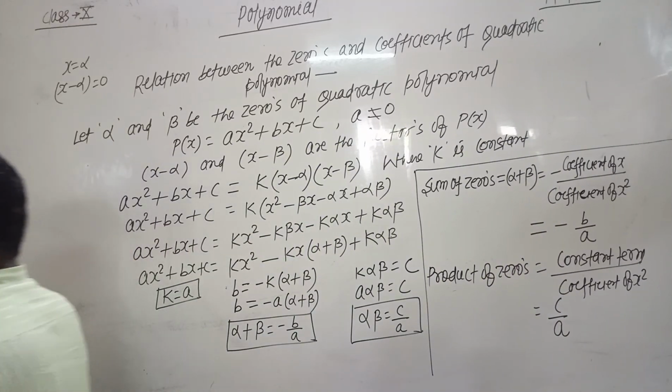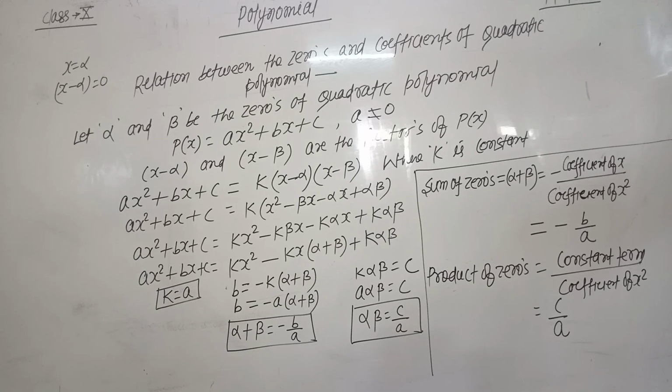So sum of zeros is minus b by a, and product of zeros is c by a. This is the formula. This is the relationship between the zeros and the coefficients.